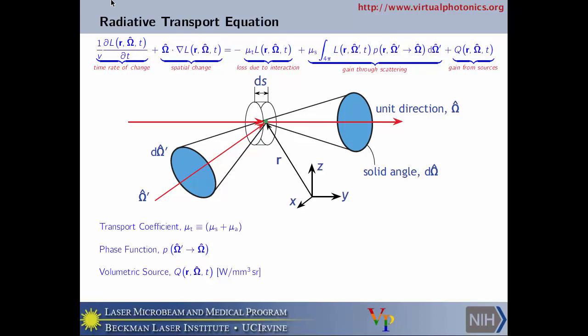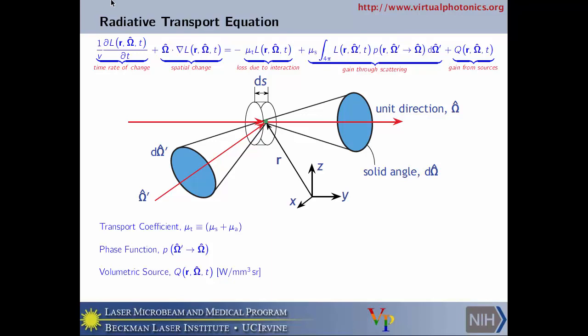You can have losses due to absorption of light, mu A, as well as scattering of light, mu S. So mu A plus mu S is the transport coefficient, mu T. You can gain light through scattering from other directions, omega prime, into omega.